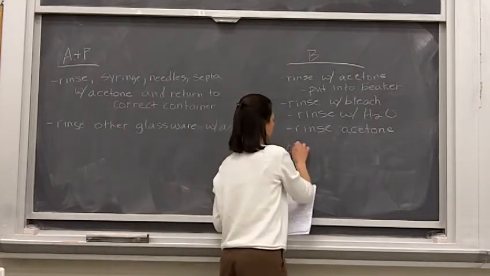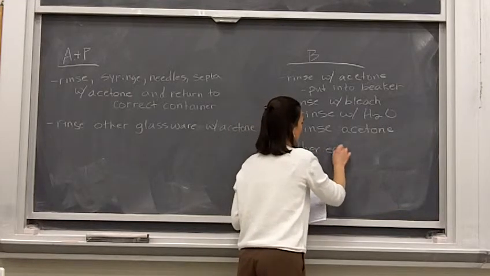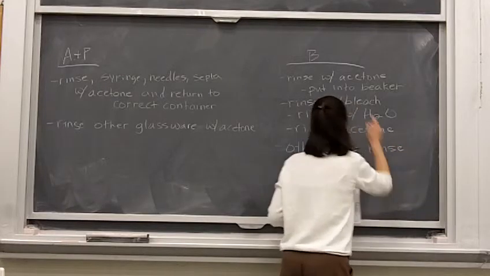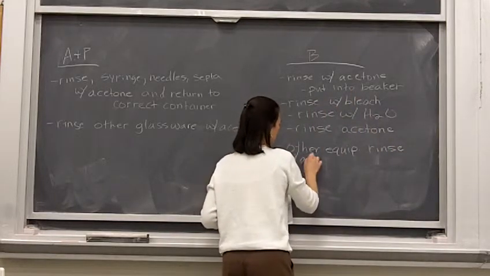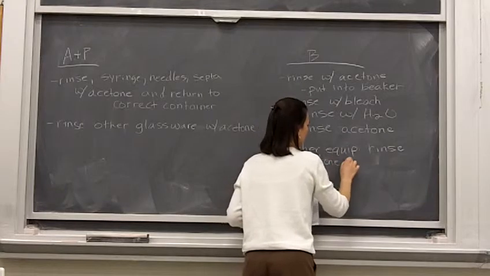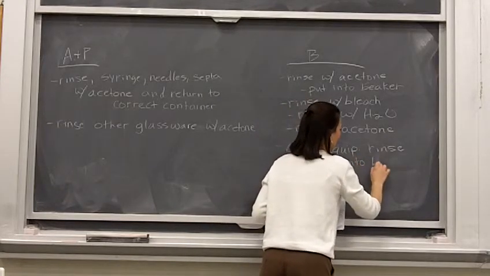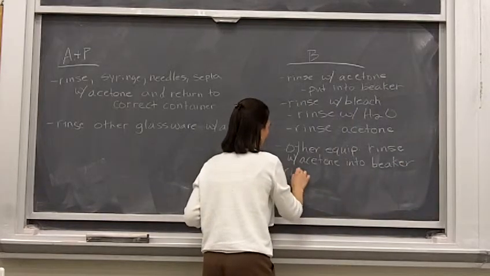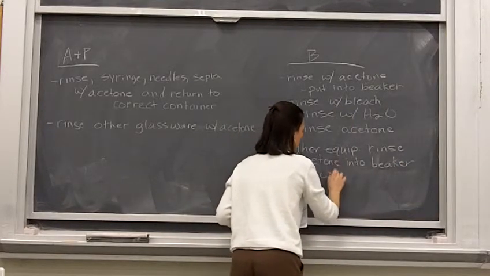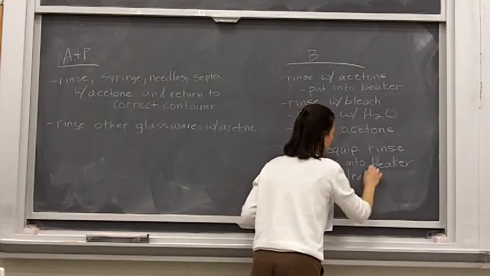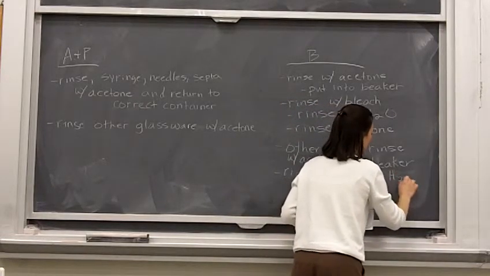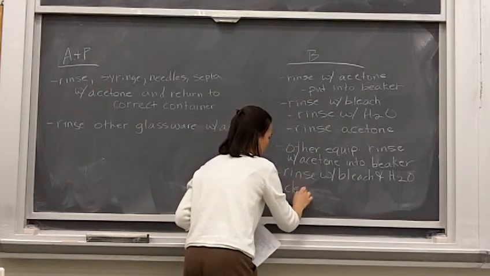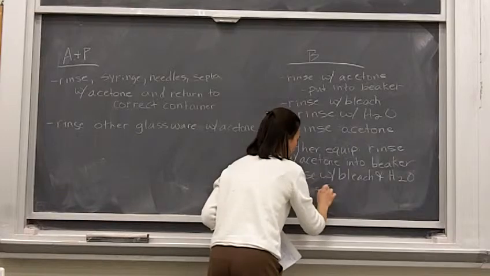The other equipment, rinse with acetone, that goes into that beaker. Rinse with bleach and then water. And then you're going to clean with soap and water like you normally would clean your dishes.